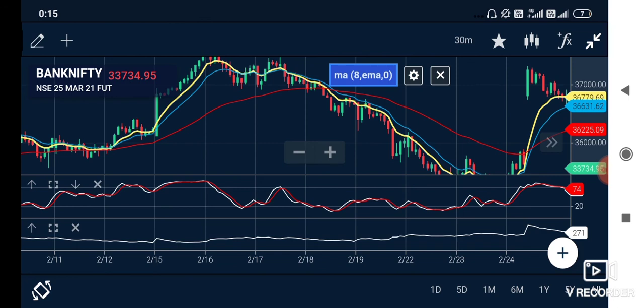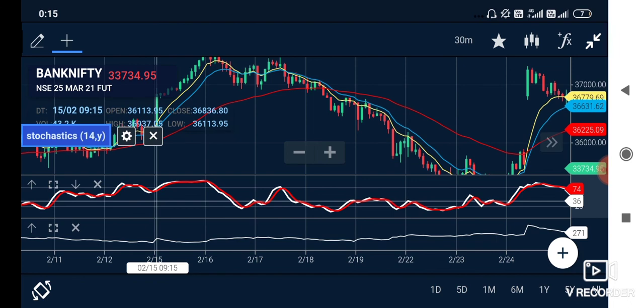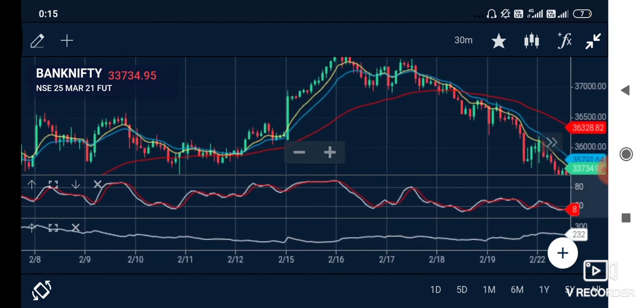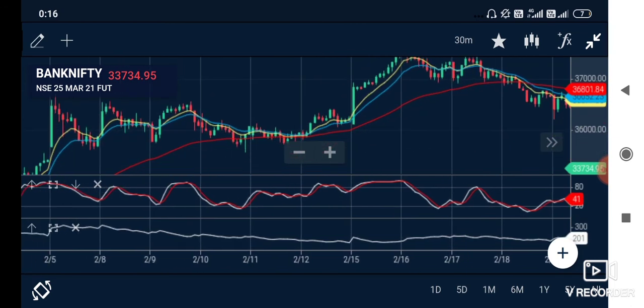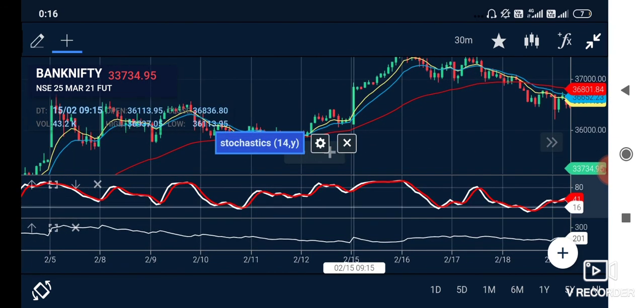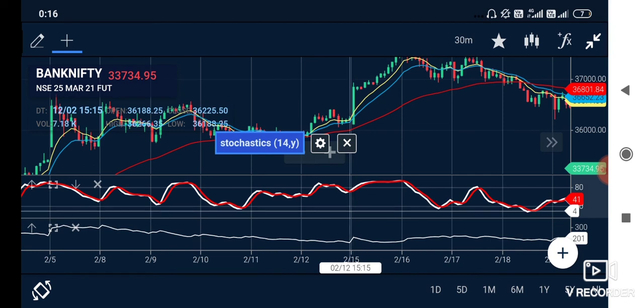Okay, so this is the one that we can go ahead and refer to. If you see, it's a crossover, and I'll just push the market on this side so that you can view it. All right, so this is the point wherein you can see a crossover, the white line crossing the red on stochastic, and all the criteria are met.